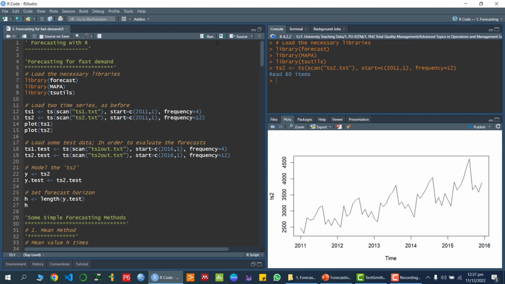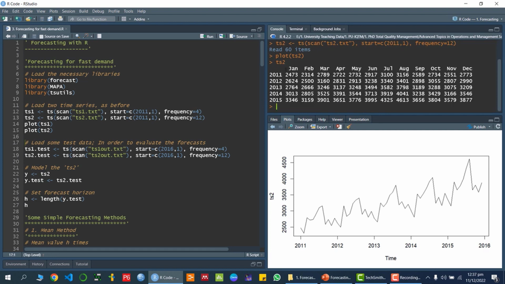Now if I plot this time series data, as you can see, this is the year and these are the values. If we check this ts2 data, we can see it runs from January 2011 to December 2015.